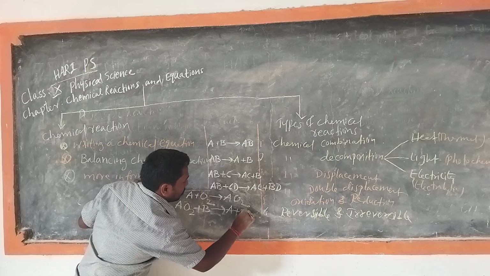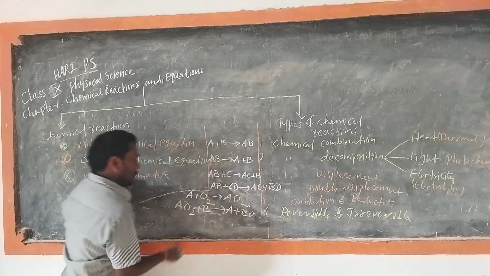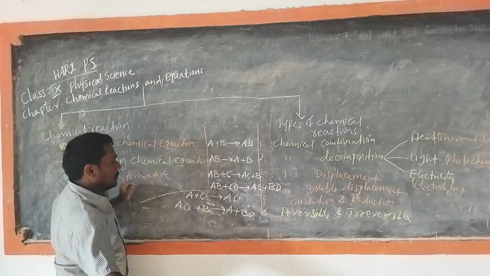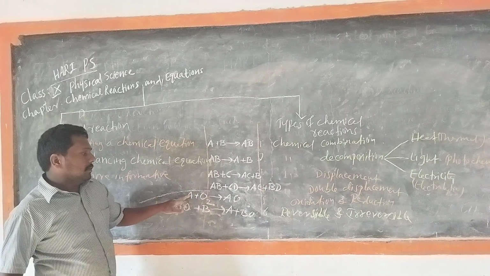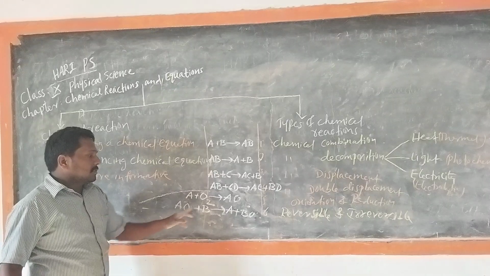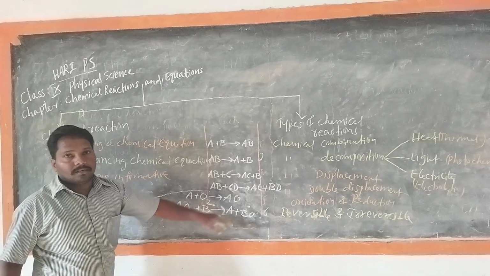Plus BO, just for example. Oxygen adding here, so a new product forms: oxidation. Oxygen removed here: reduction.